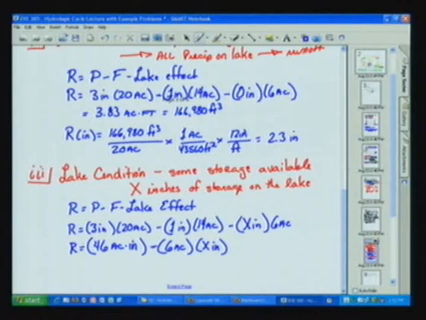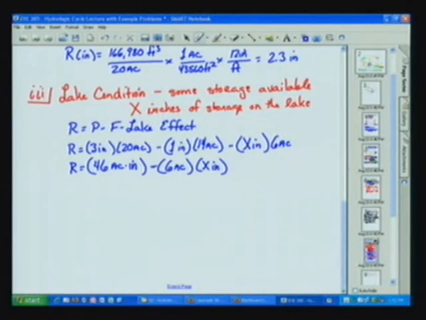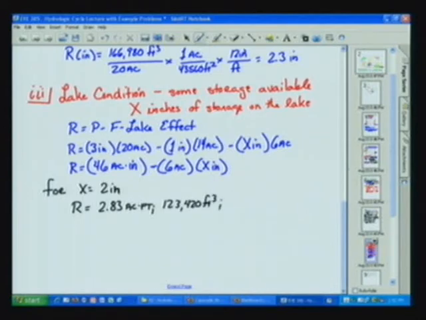I can give you an example calculation for X equals 2 inches. R is 2.83 acre feet, 123,420 cubic feet, or 1.7 inches.